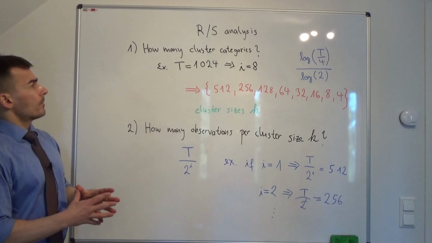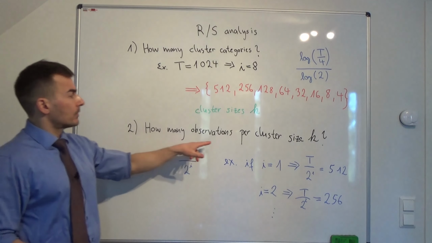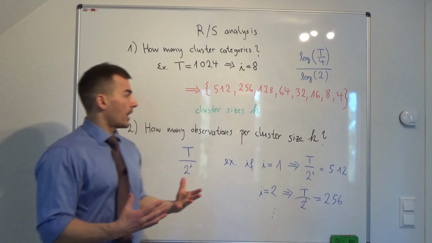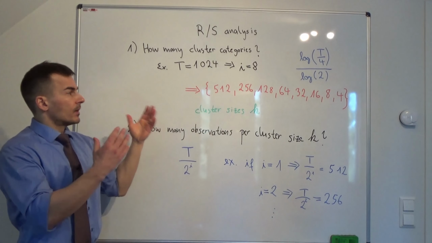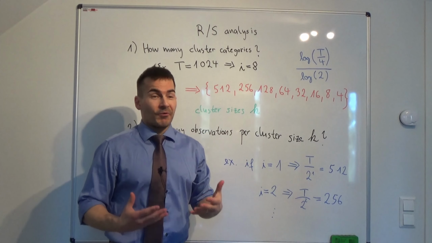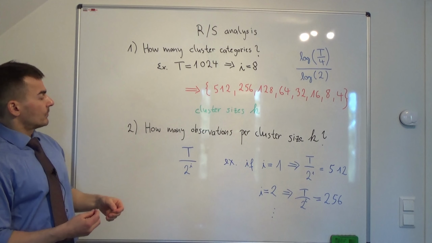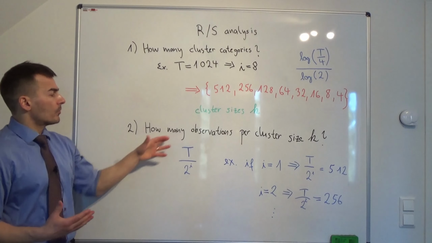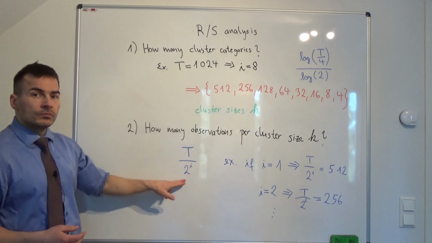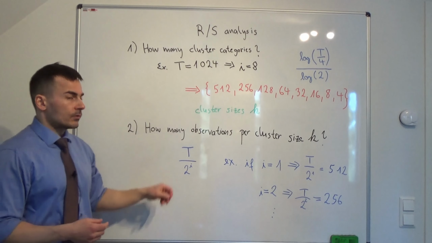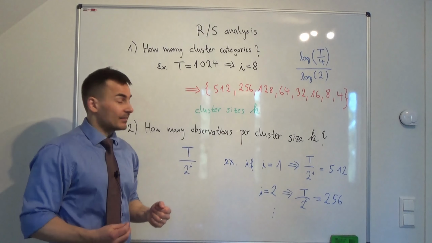So the next question that we have to deal with is how many observations per cluster size k. We know already here how many observations we have, but the program does not know. So we have to take it in small steps. In general, the formula is capital T over 2 to the power of I. You see obviously the number 2 plays an important role in rescaled range analysis.